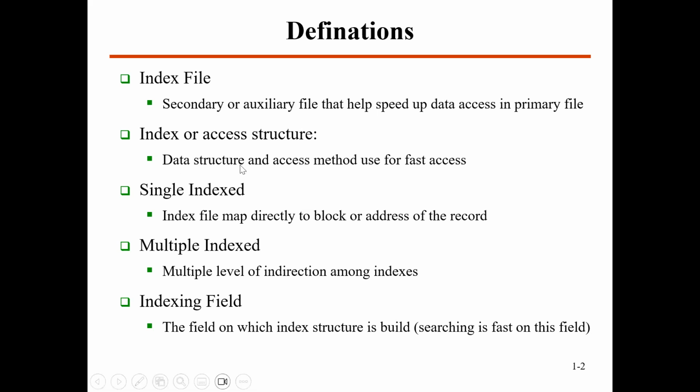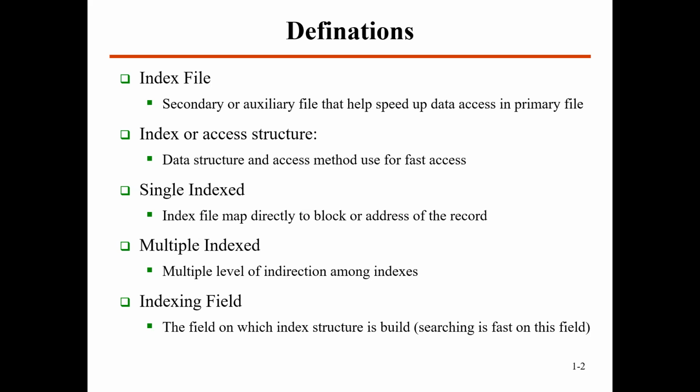So this way the time for searching, insertion, deletion and access becomes faster. Now think about a textbook which doesn't have an index. It would be very difficult for you to search things one after the other. So this is the concept of indexing.